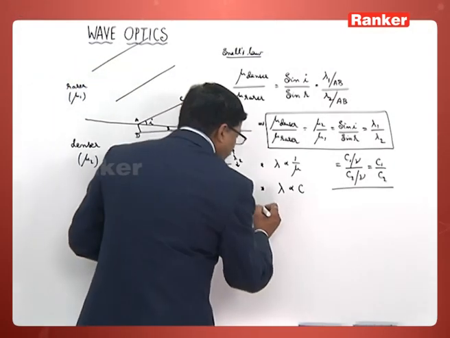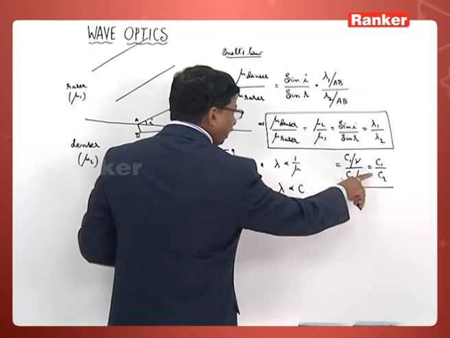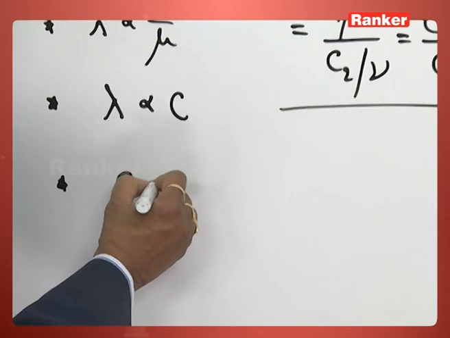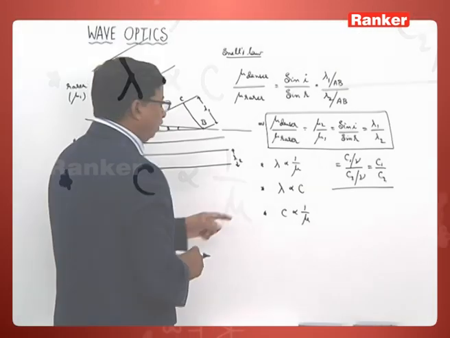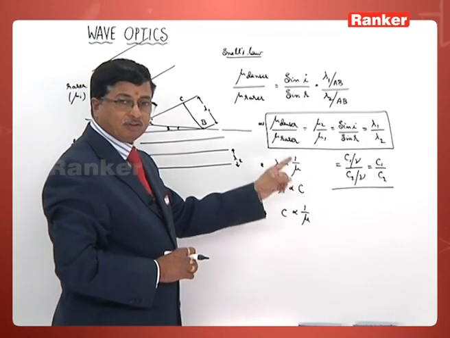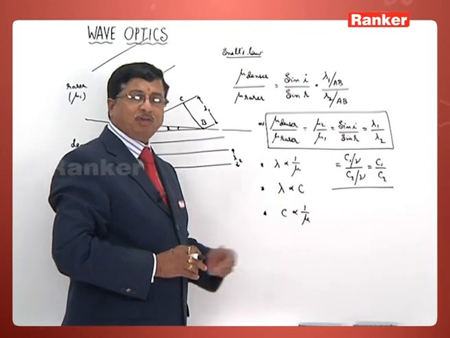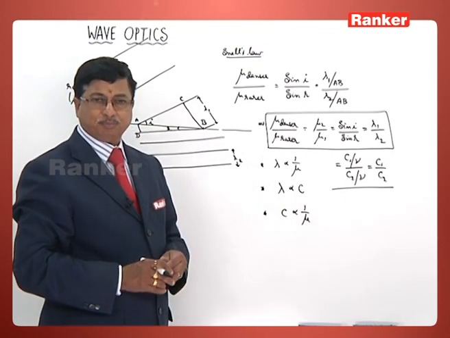Coming to the third observation, that is how mu and velocity of light are related. The velocity of light in any medium is inversely proportional to the refractive index of that medium. If mu is more, the velocity of light in that material medium will automatically be reduced.